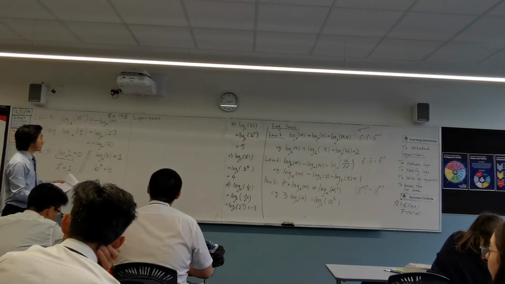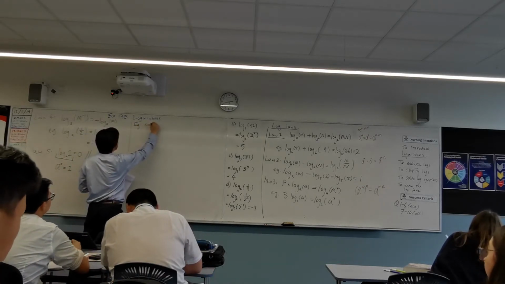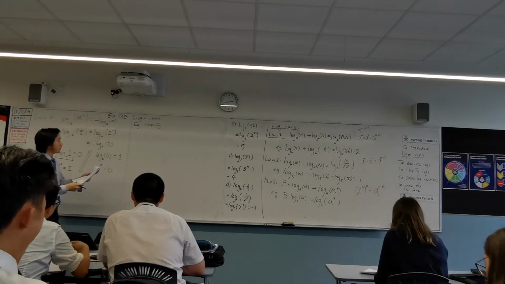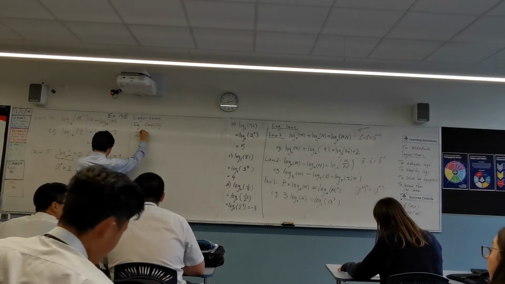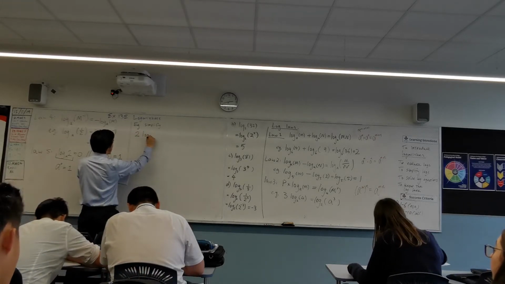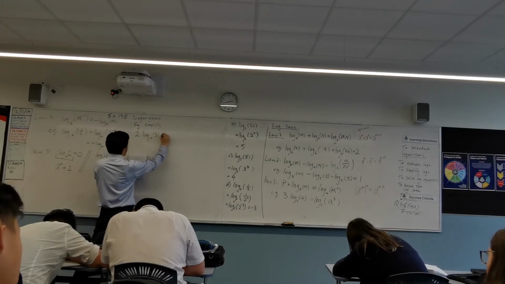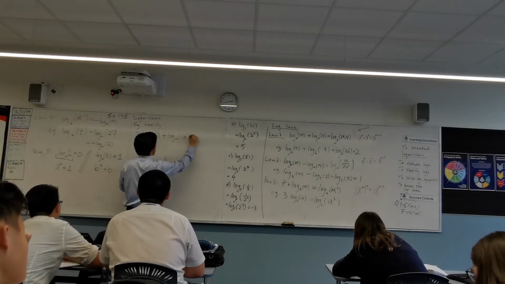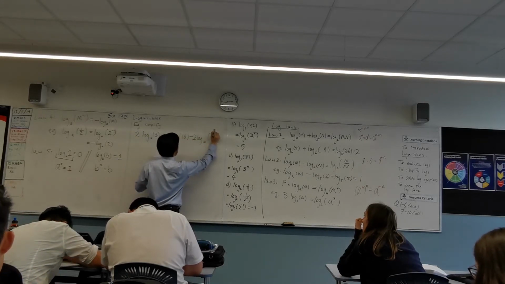Okay, so for example, simplify. Our expression to simplify is 2 times log base 10 of 3 plus log base 10 of 16, take away 2 log base 10 of 6 over 5.